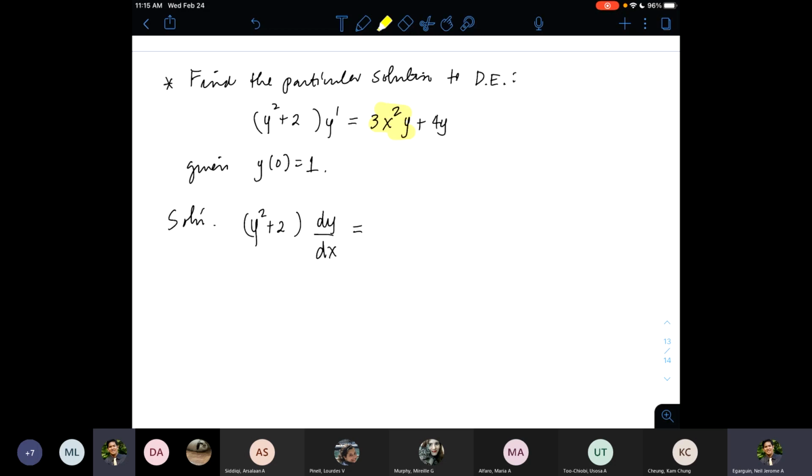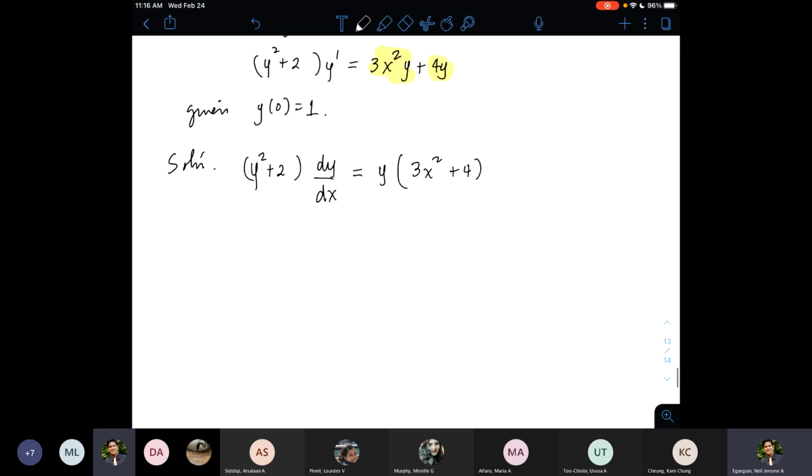And luckily, if you look at the second term, it also has a y in it. So what you can do is to factor the y and hope that the other factor will not have any y left. Okay, so doing so will give you what? 3x squared plus 4. And now you see that the x's and the y's are separated.